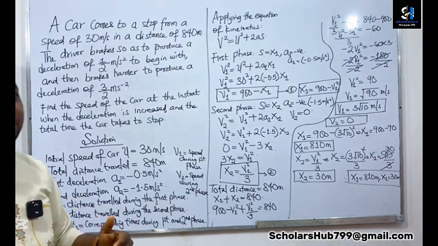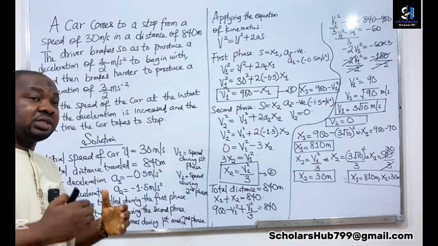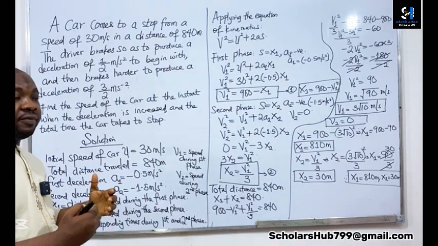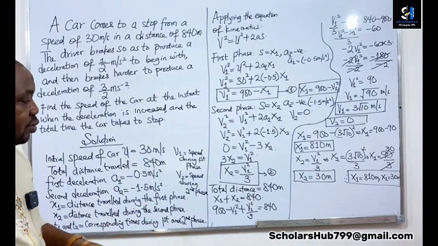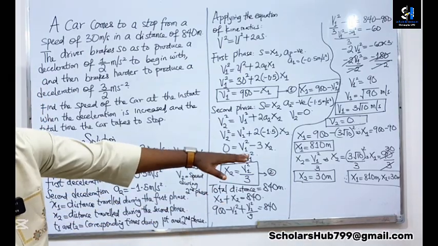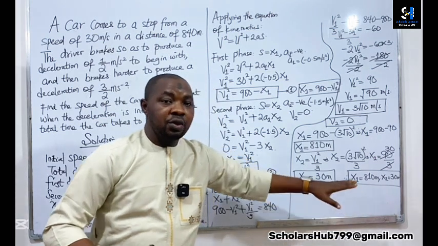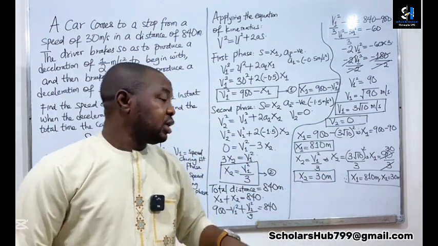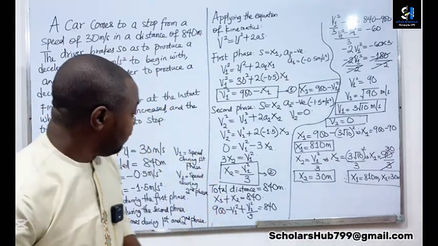At that instant, the speed is what? The velocity change as the deceleration changes, and that equals 0. I only calculated the values of x1 and x2 for us to be sure that the total distance is 840.